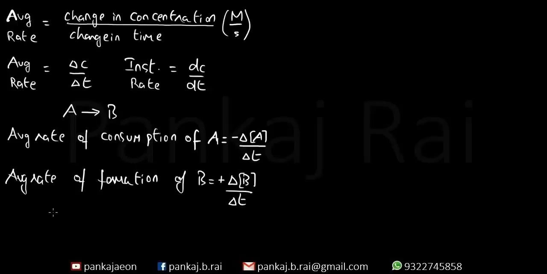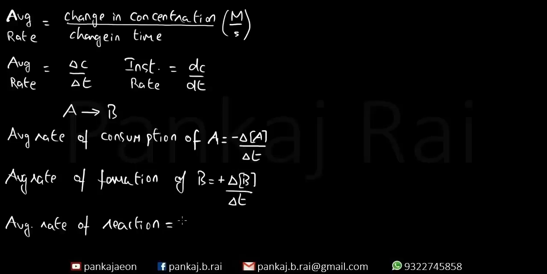Now what about the average rate of the complete reaction? We also have to mention the average rate of reaction. In this case, as A is getting consumed, at the same rate B is getting formed, and that actually is the rate of reaction.